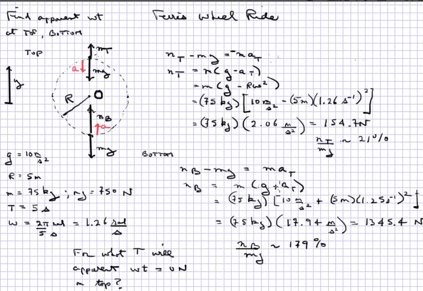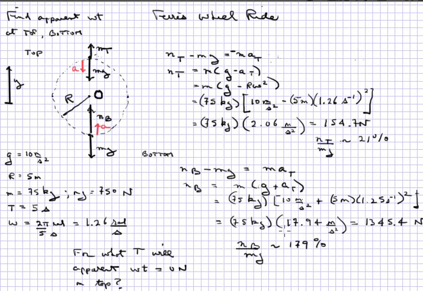And so now you can see immediately, both from the picture and from the equation, that the normal force at the bottom is going to be bigger than the person's weight. So the normal force is 75 kilograms times the acceleration of gravity plus the same quantity that we computed above.